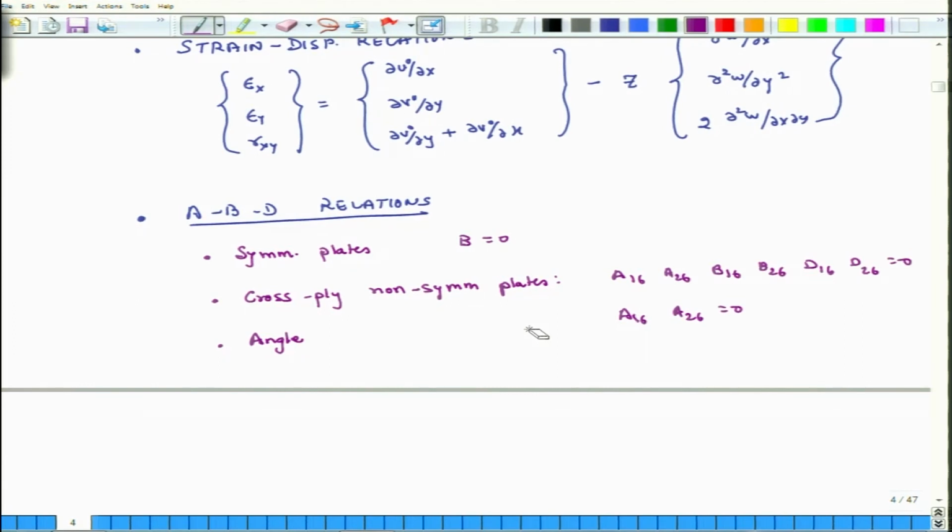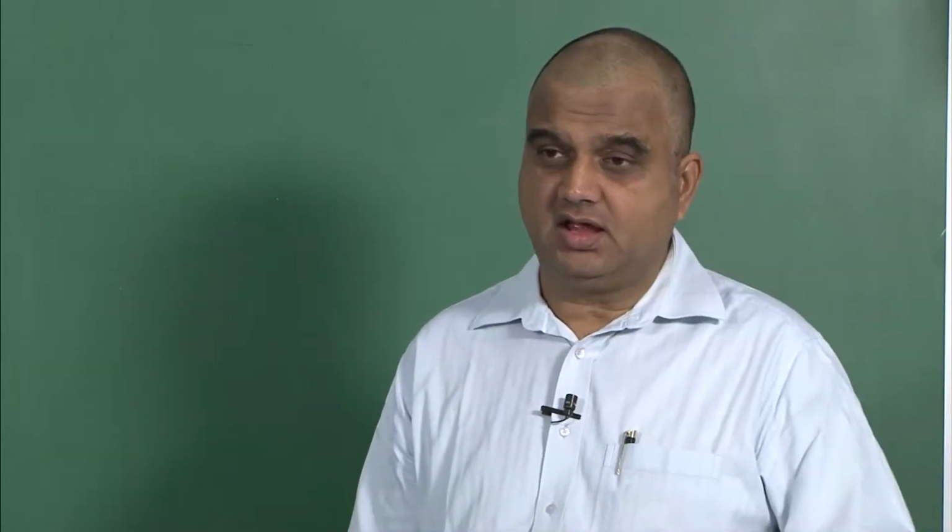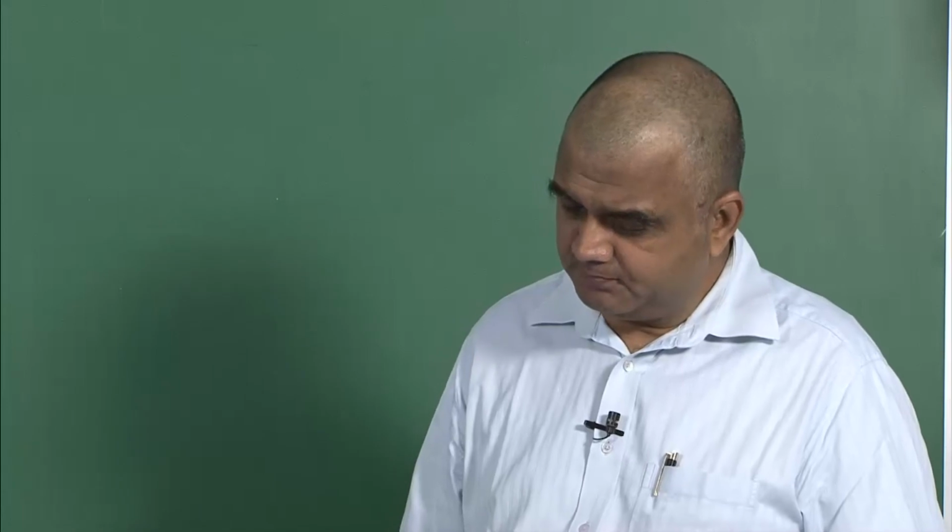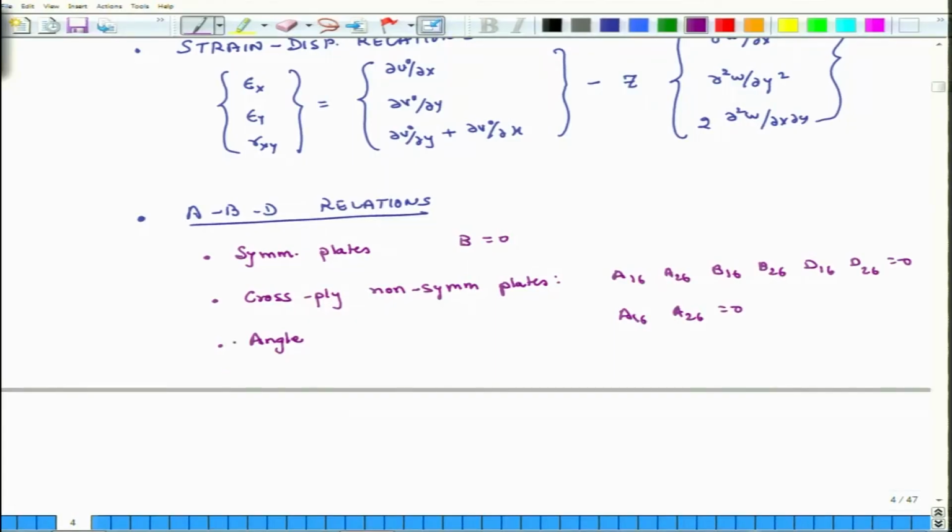You have to see exactly what is the stacking sequence, but if it is an angle ply, for every theta there is a negative theta and they cancel out each other. And so on and so forth. So, we have to look at these relations also and see what can happen.